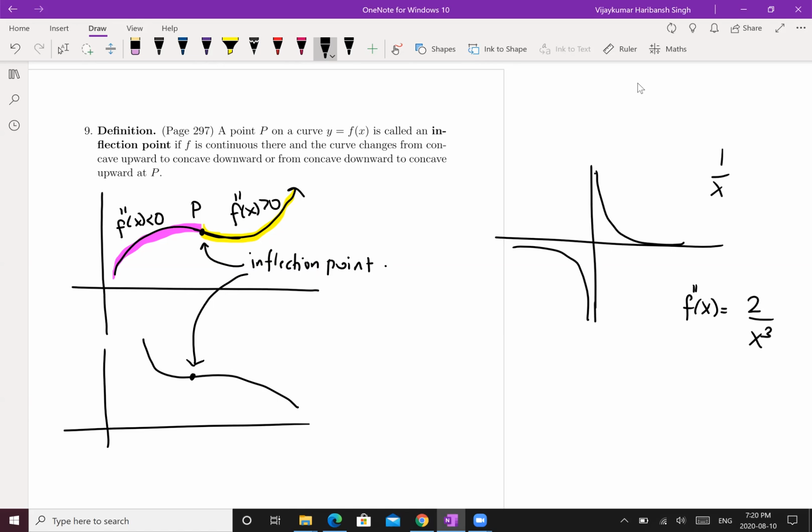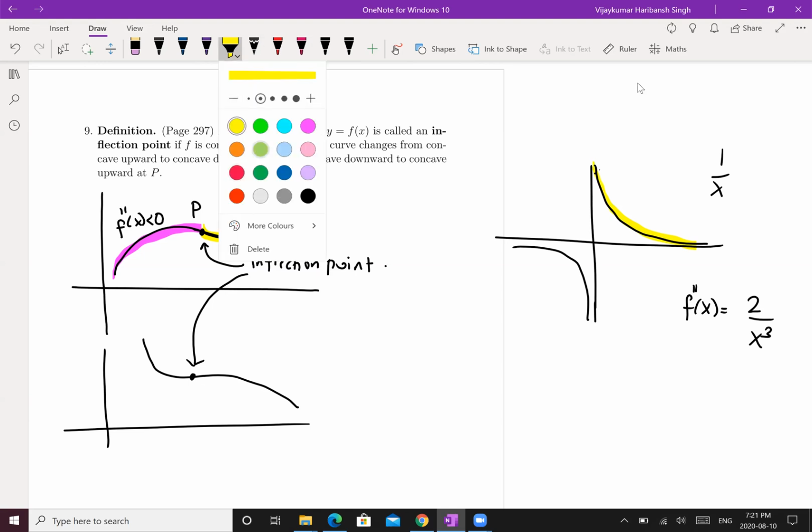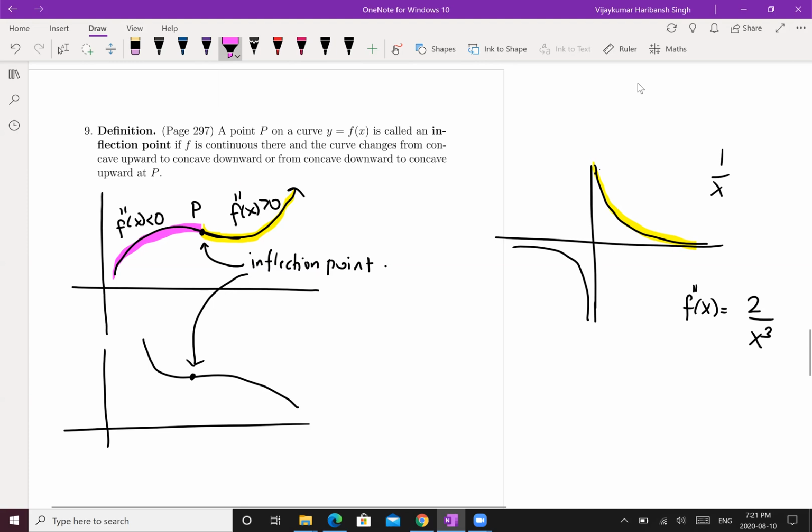You see the function is concave up here and concave down here. Before it changes from concave down to concave up, the second derivative has to pass through the point where it does not exist. We'll come to how to find the point of inflection in a minute.